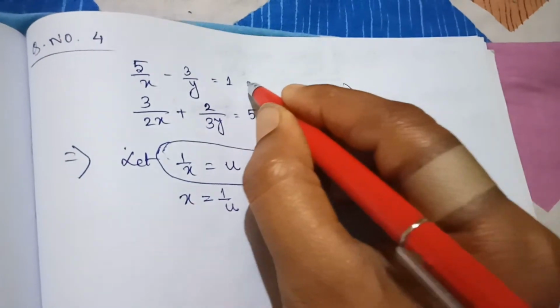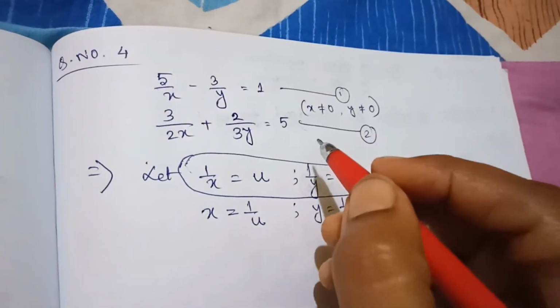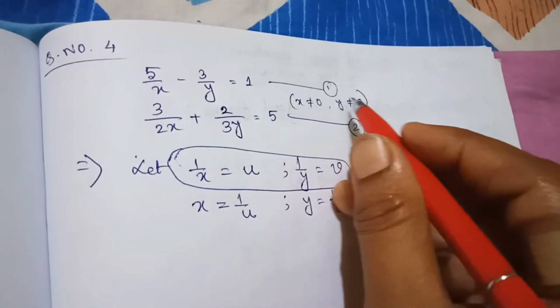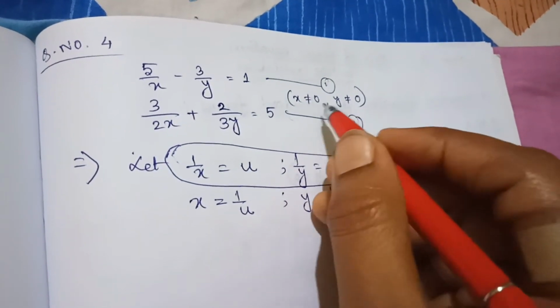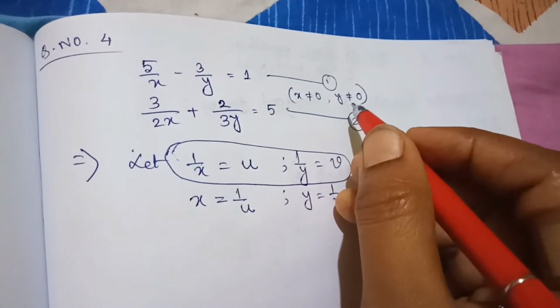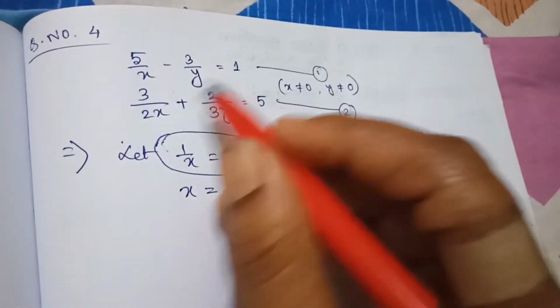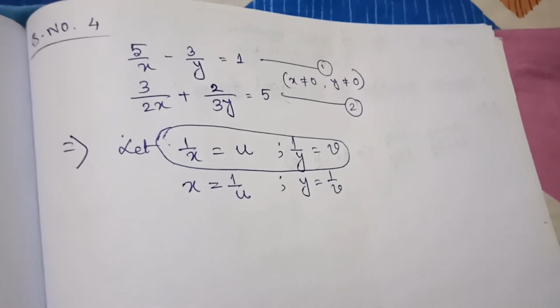So I'm giving this name number 1, number 2. No need to worry about this condition part, that is x not equals to 0, y not equals to 0. Actually these two are given for the validity of the questions. Otherwise the question will not be valid, equations will not be valid.